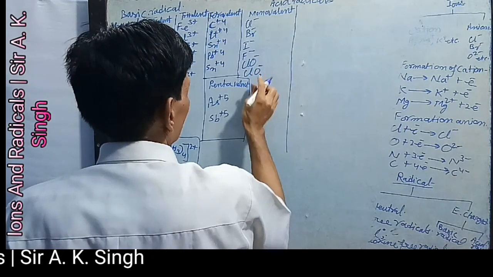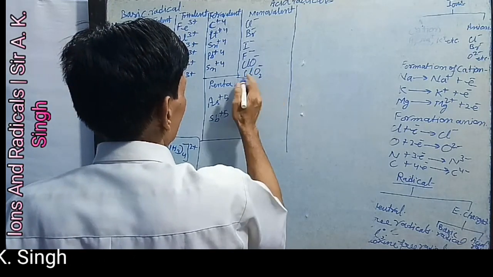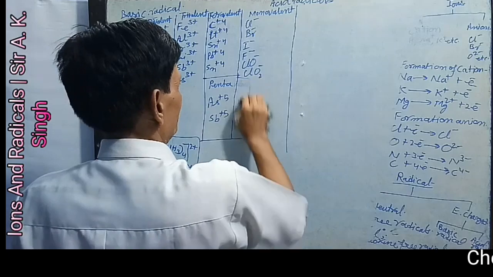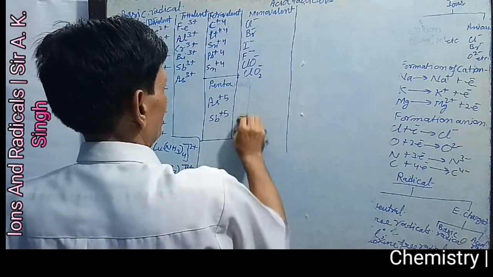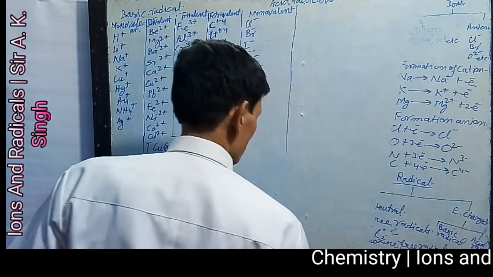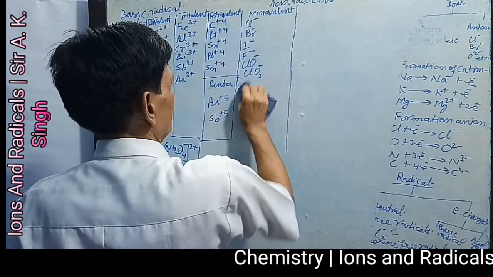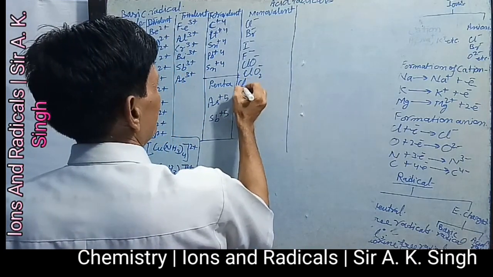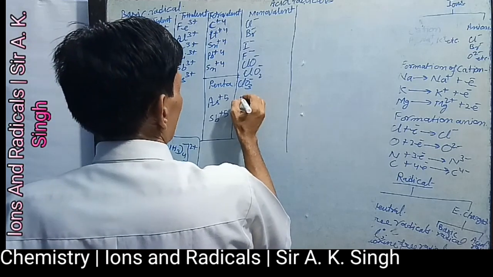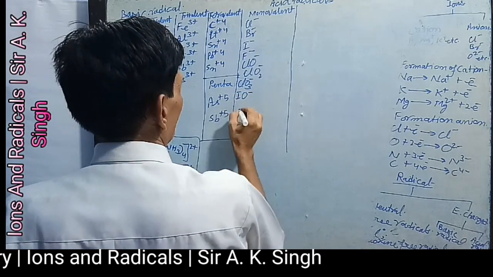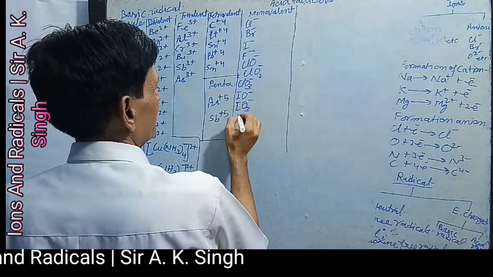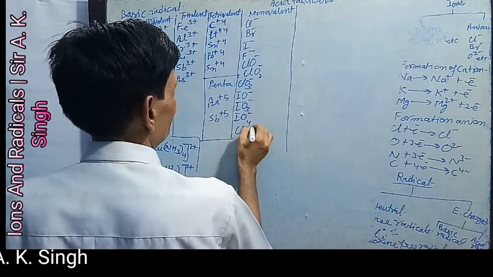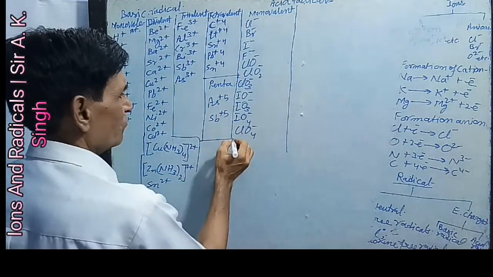chloride, chlorate, hypoiodite, iodate, periodate, perchlorate. These are monovalent anions.